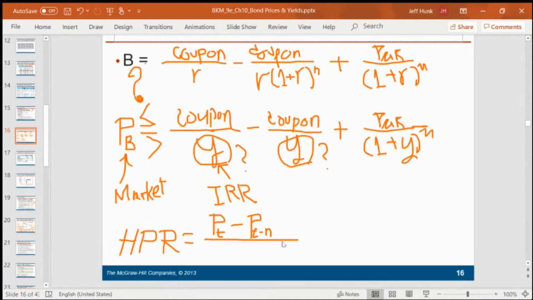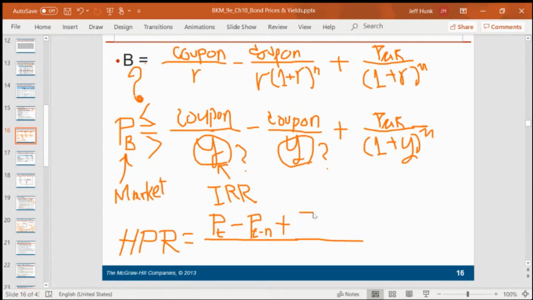And that's the appreciation of asset price during this n-year holding period, right? Which is also called capital gains, right?